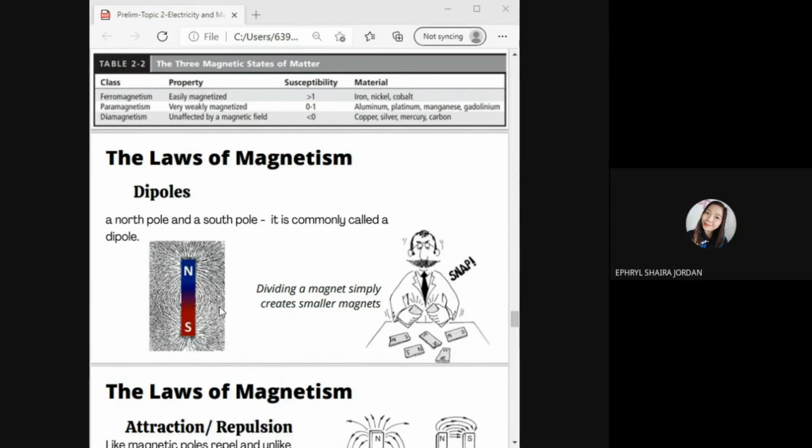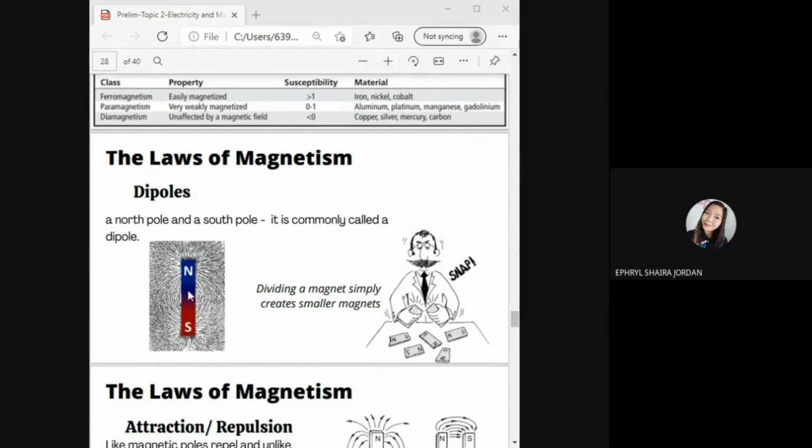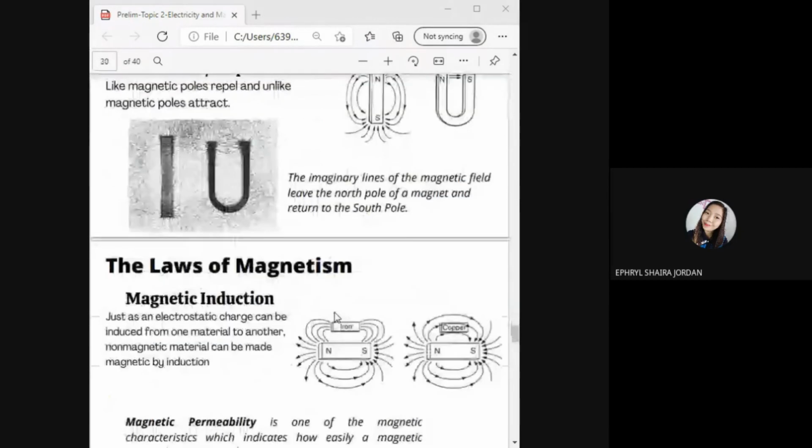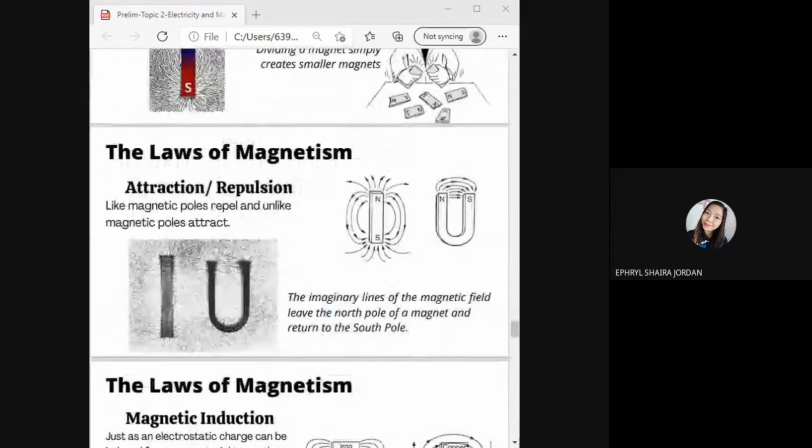So if you have a magnet, well, some of it has labels of N and S, but if you break that, don't assume that the upper part will just be N and the lower part will just be S. But what will happen is that it will just create a smaller magnet. It will just create a smaller N and S.